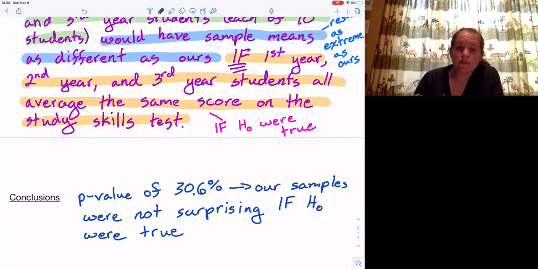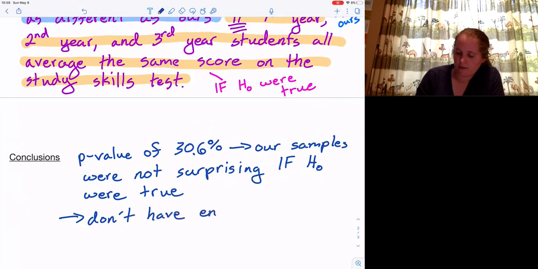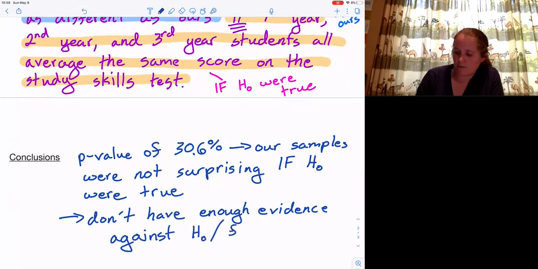And so that means that we don't have enough evidence against the null hypothesis, or in other words, for the alternative hypothesis.